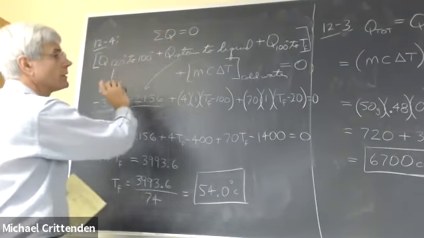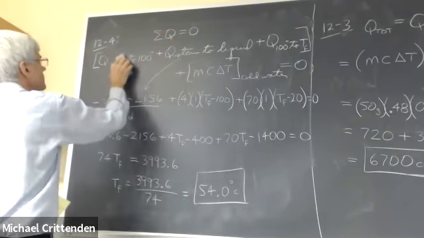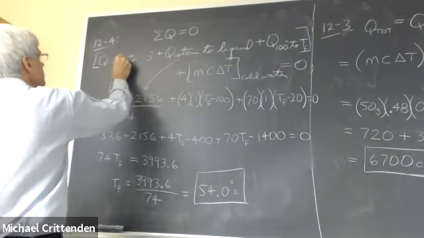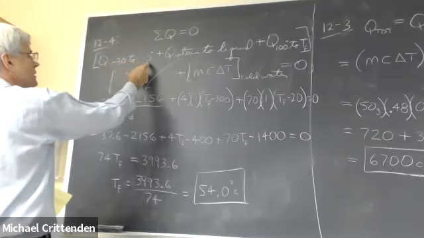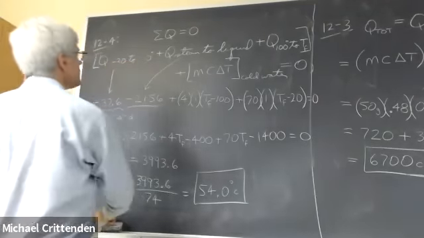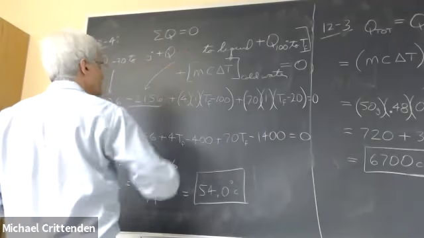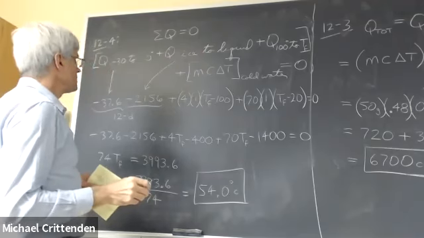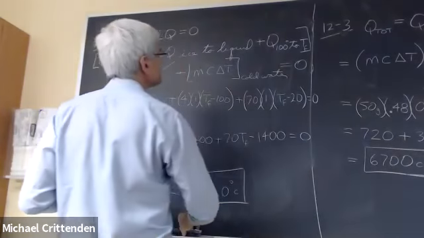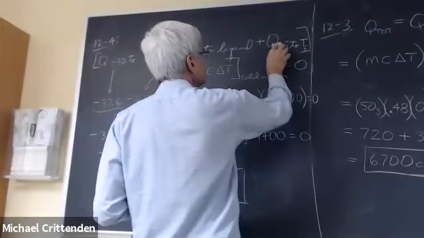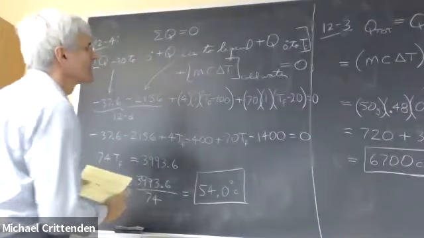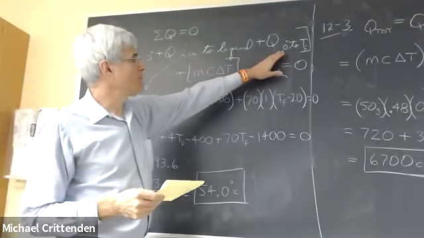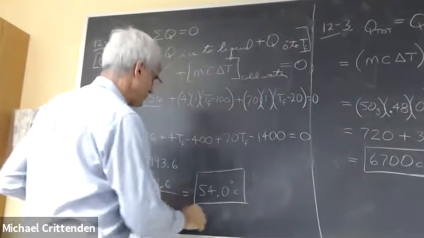So just like before, the heat to get from -30 to 0 plus the heat for it to melt plus the heat to go from the melting point up to the final temperature.